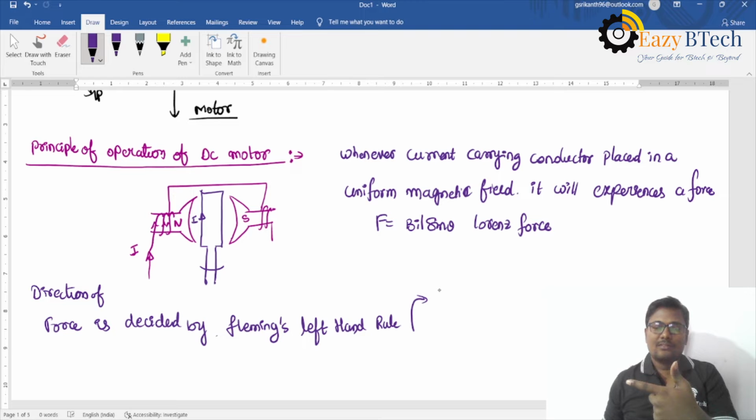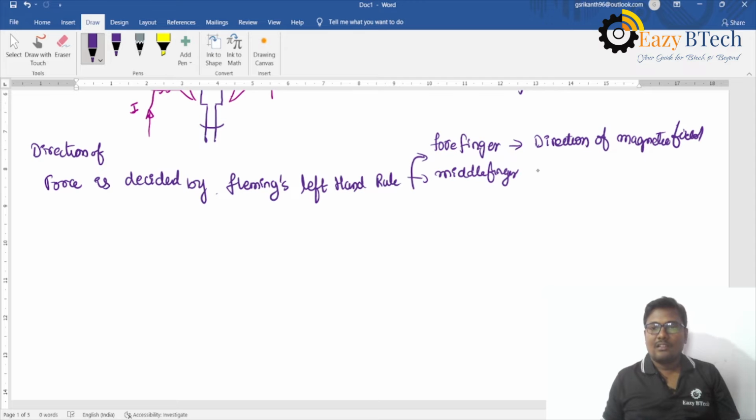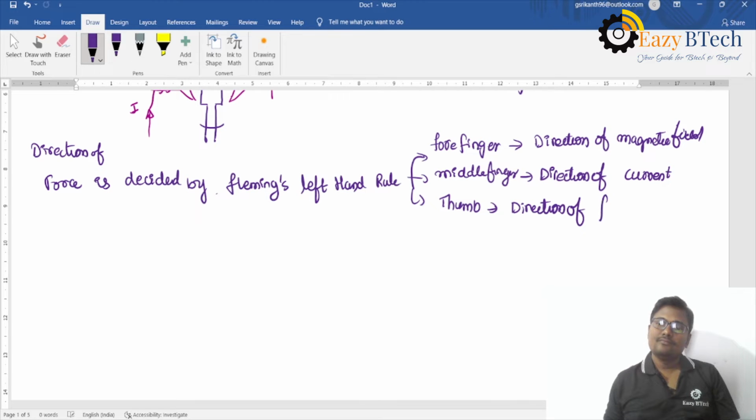The forefinger represents the direction of magnetic field, the middle finger represents the direction of current, and the thumb indicates the direction of force. Here the force is the unknown quantity.